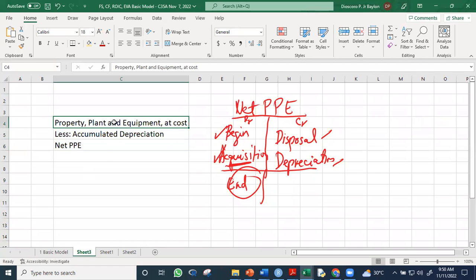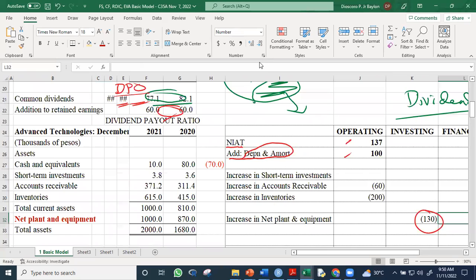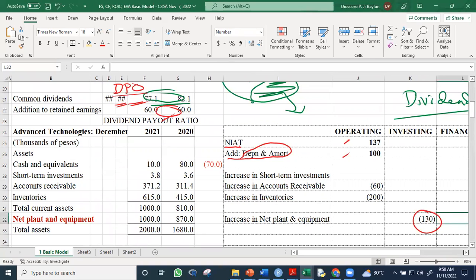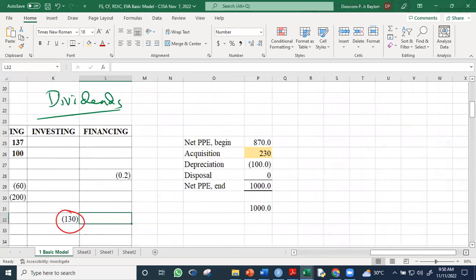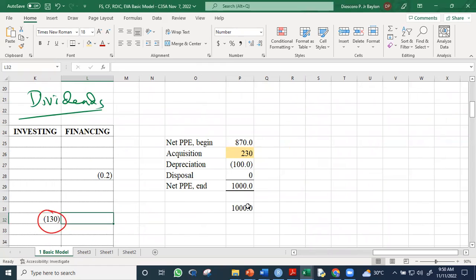Property, plant, and equipment, and then we subtract depreciation to get the net plant and equipment. So that's why we're not getting the correct cost. Easily you can determine what's the acquisition.